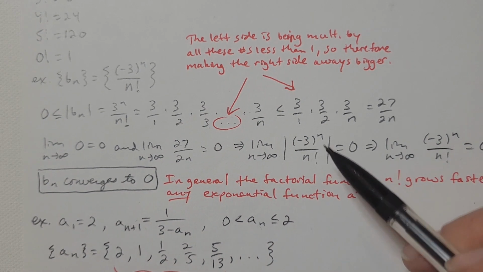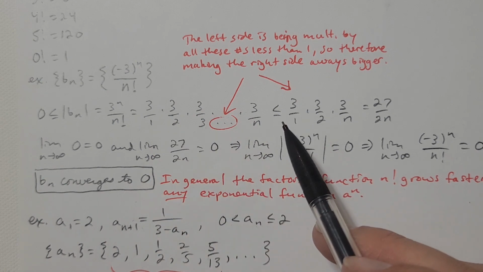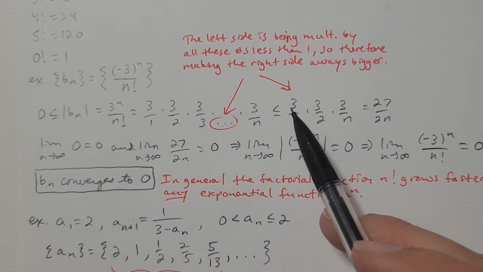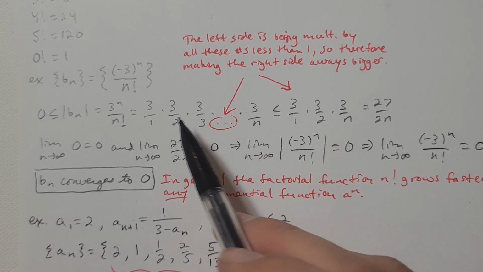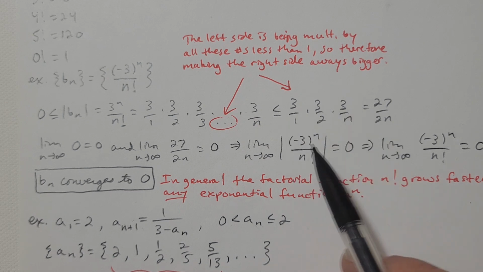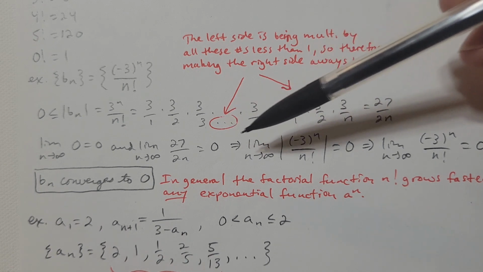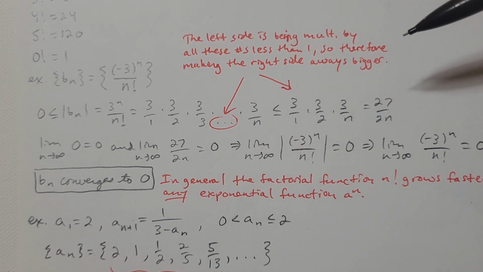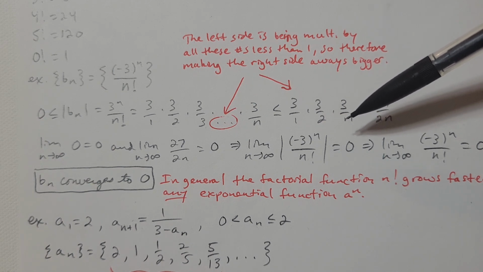Now, this is going to be less than or equal to 3 over 1 times 3 over 2 times 3 over n. Just those three terms there. You see, the left side is being multiplied by all these numbers that are less than 1, making the right side always bigger than the left side.